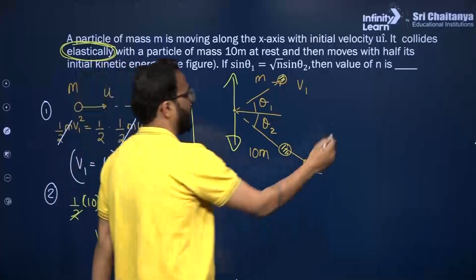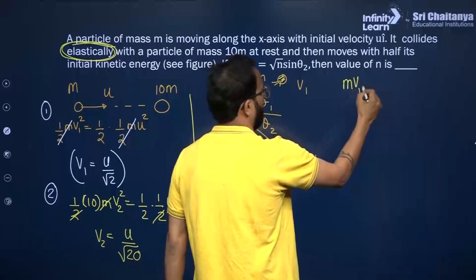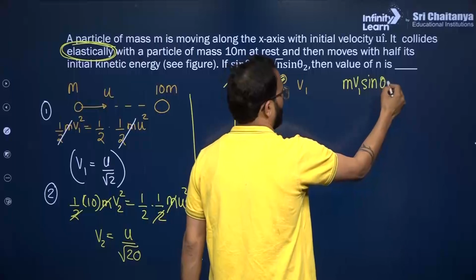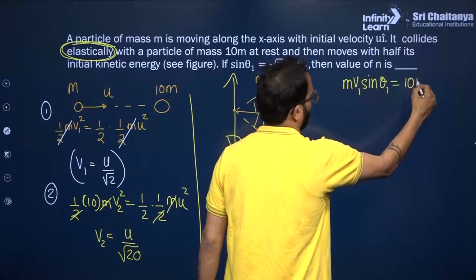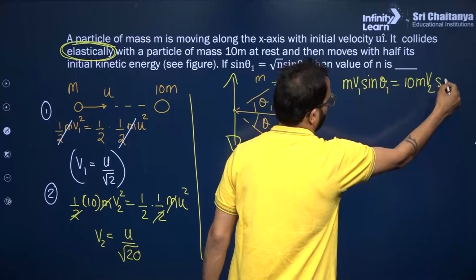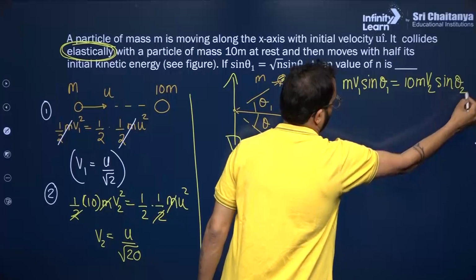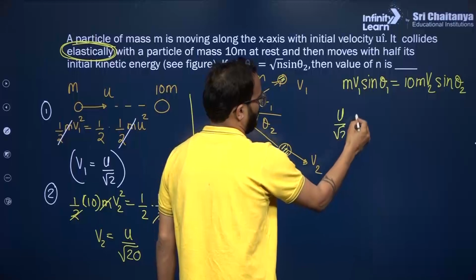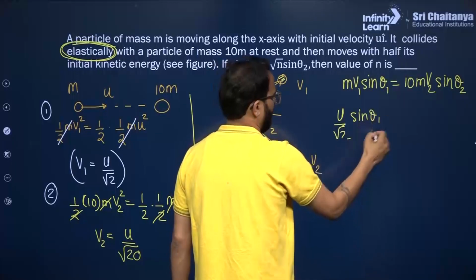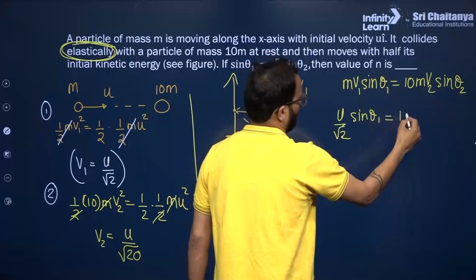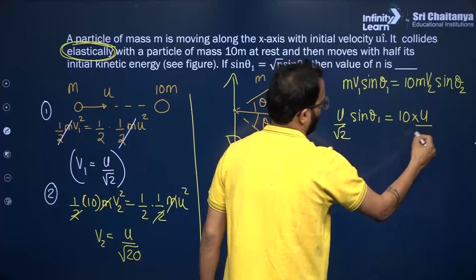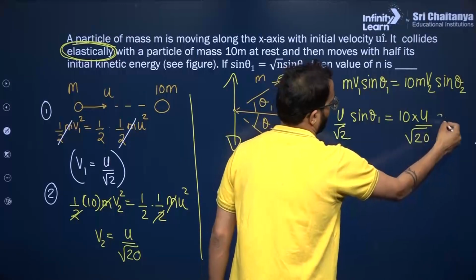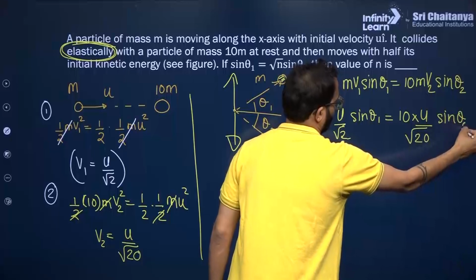So can we say m v1 sine theta 1 must be equal to 10 m v2 sine theta 2. Now let's put the values. M and M are gone. V1 is u by root 2, so u by root 2 sine theta 1 is equal to 10 into u by root 20 sine theta 2.